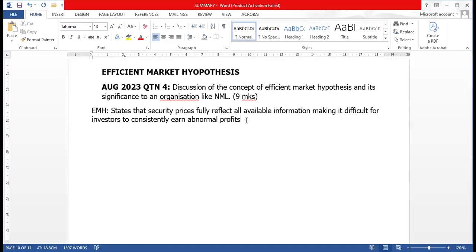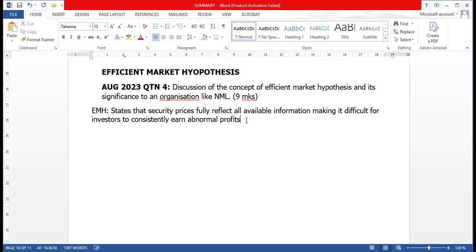Sometimes you find that there are those investors who have information about the company, maybe because of insider information. So here we are saying that whether it is insider information, or those records published, all investors have such information.